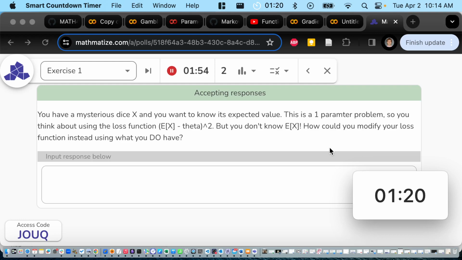Okay, I got 2 responses so far. That's exactly. Parameter space. You sampled it and then you interpolate it.